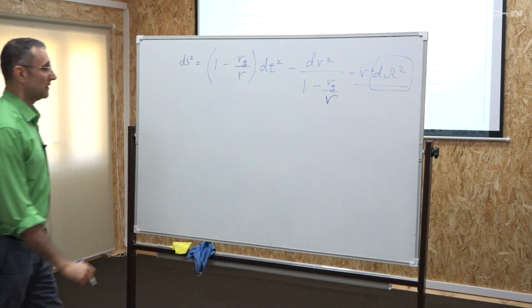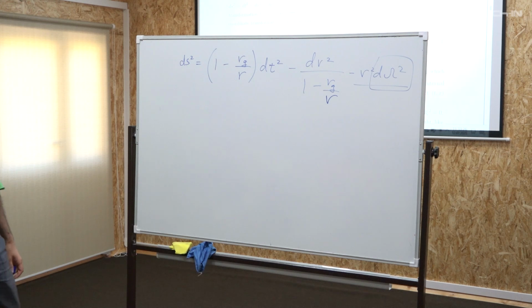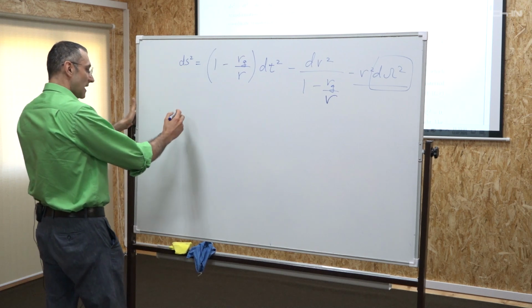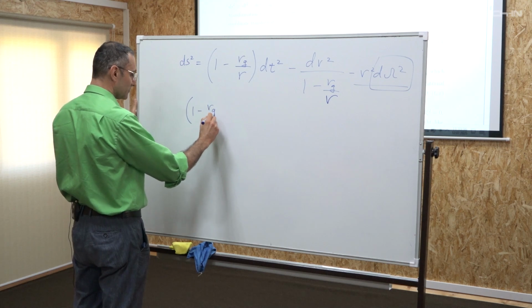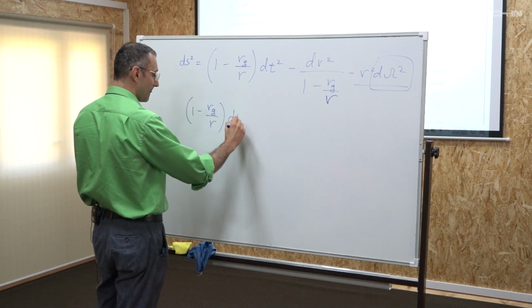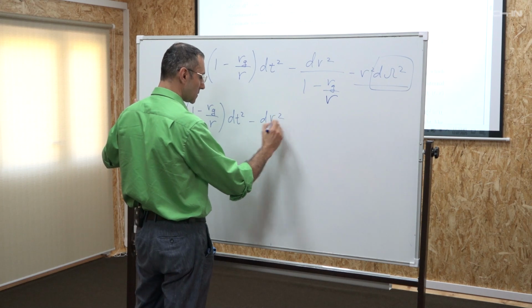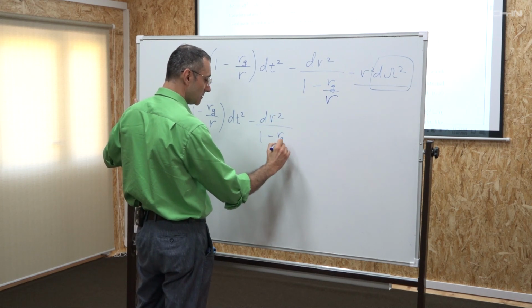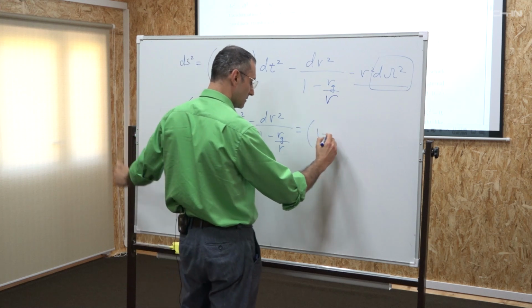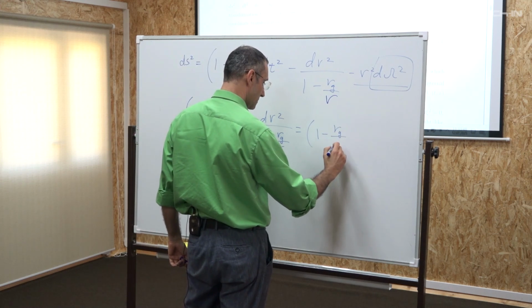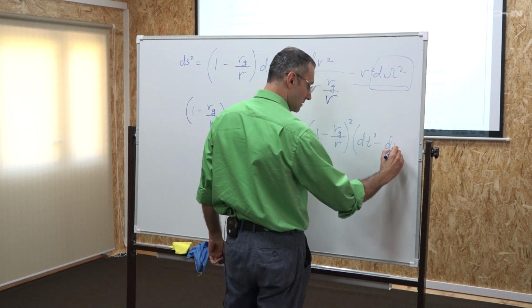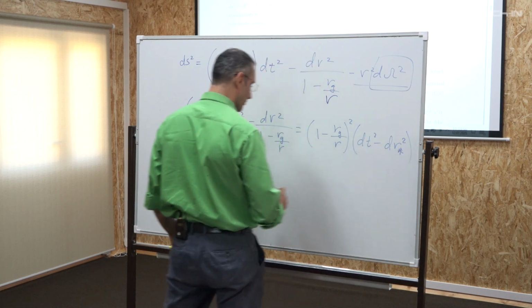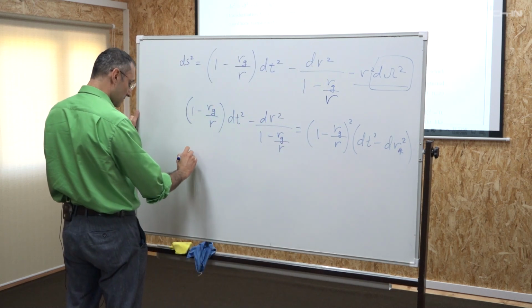Now, let me describe to you how I will avoid the complication with this. I will do the following transformations with this metric. This is the so-called tortoise coordinate. Tortoise coordinate is as follows.